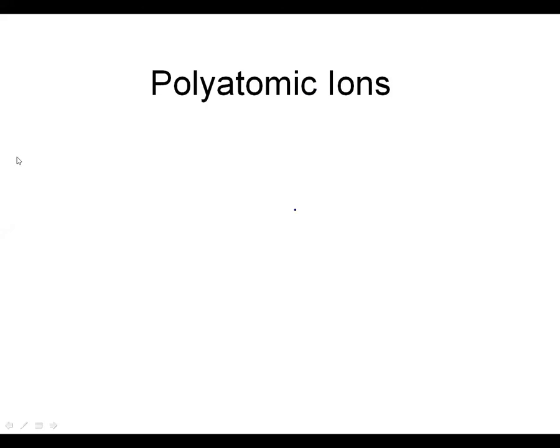So, for example, if we look at something like NaNO3, or if we look at something like NH4NO3, for example, when we look at this guy here, the NH4NO3, this guy is actually made up of two polyatomic ions.